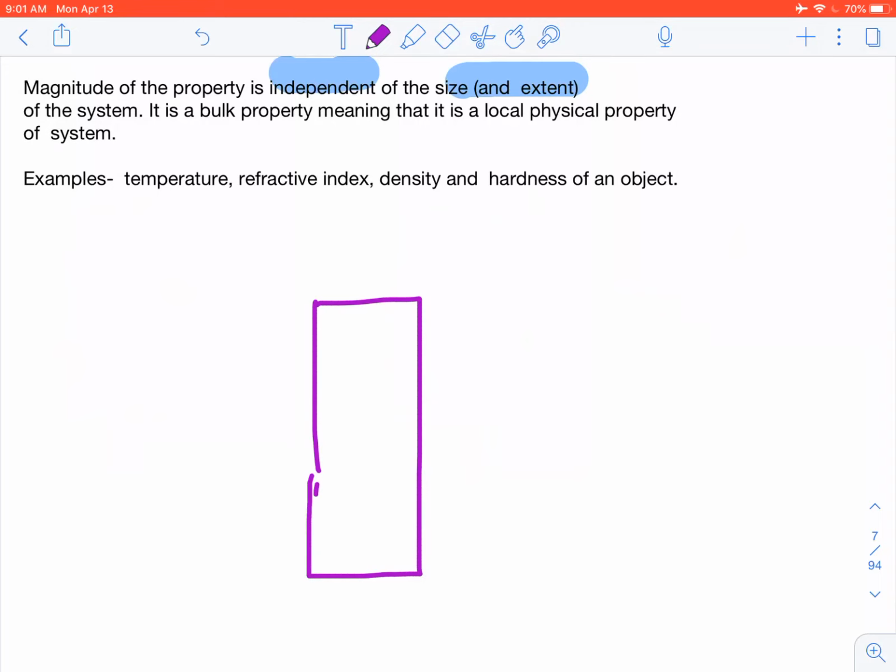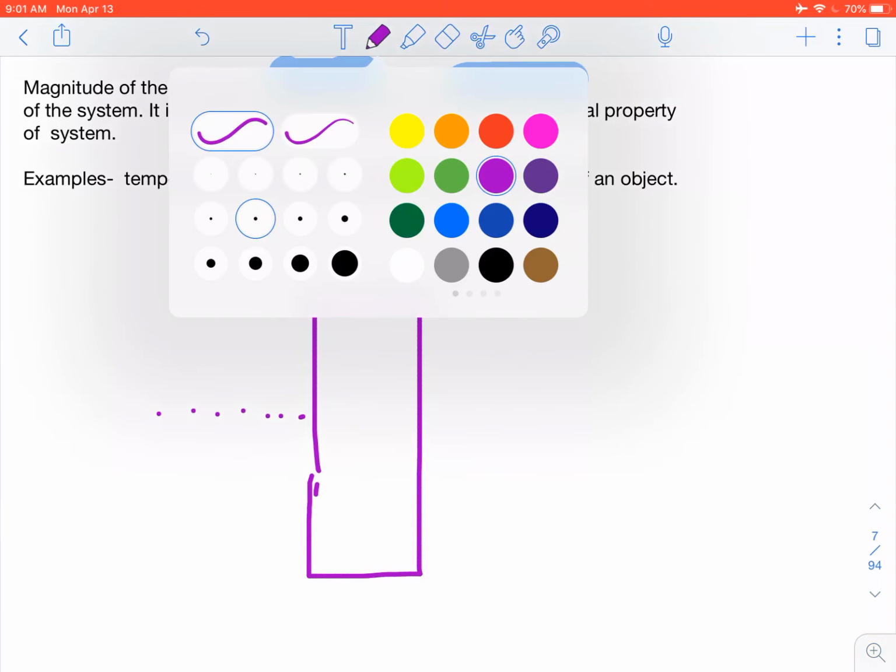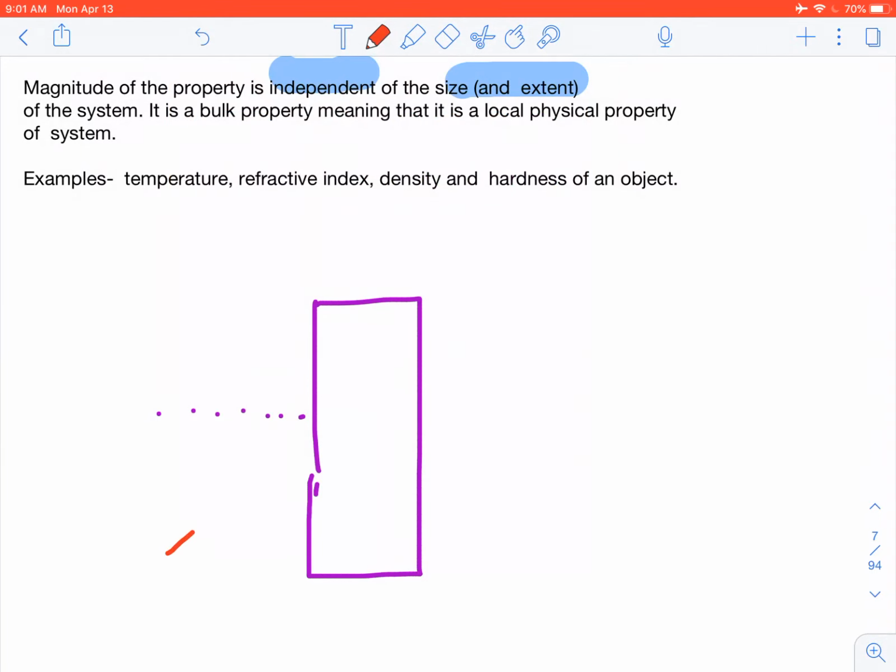Let's say there's a normal. A normal is a line perpendicular to that surface, and let's say I have light striking the surface, incident light, and then we have an angle between the normal and the incident light.